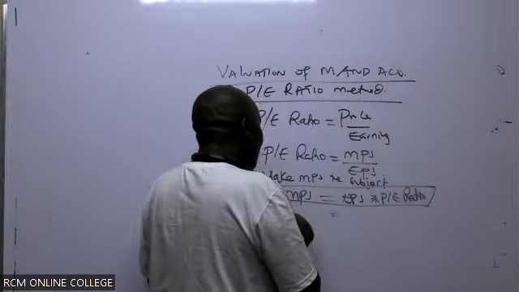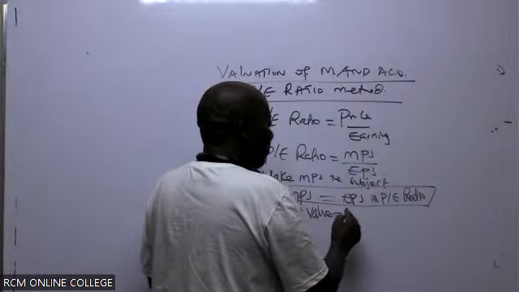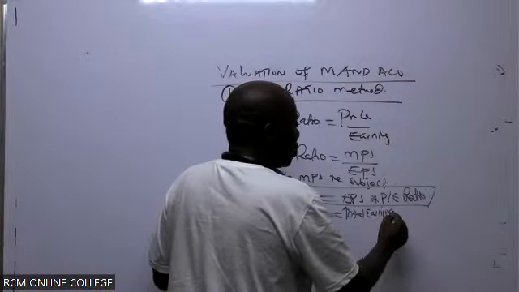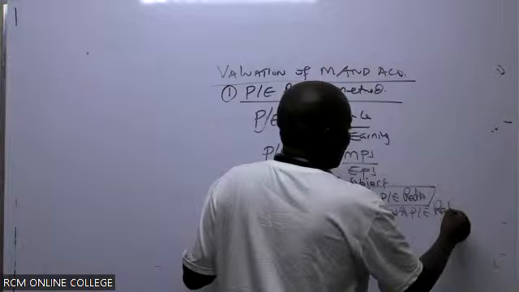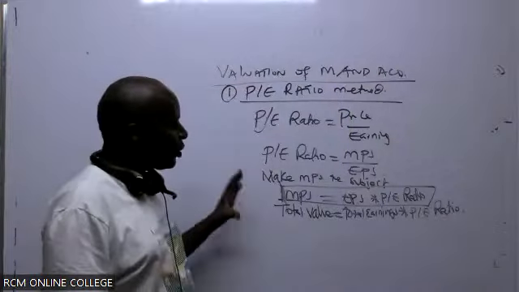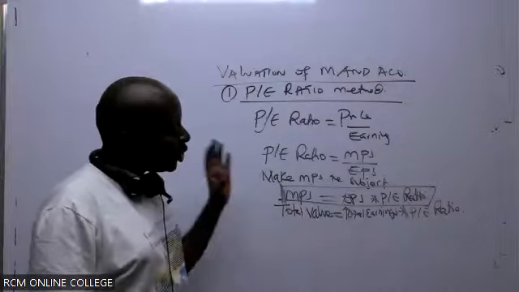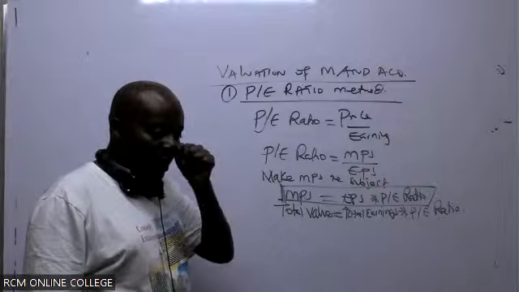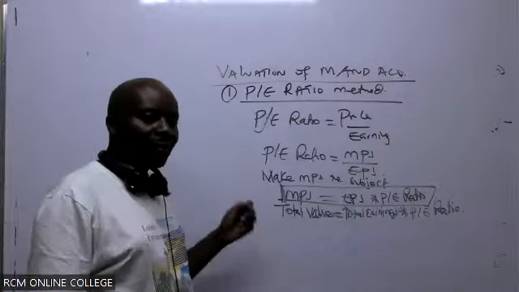So whenever you want the market value of the whole farm, you get total value by taking total earnings times PE ratio. So anytime they want us to give them total farm value, you will take total earnings times PE ratio.